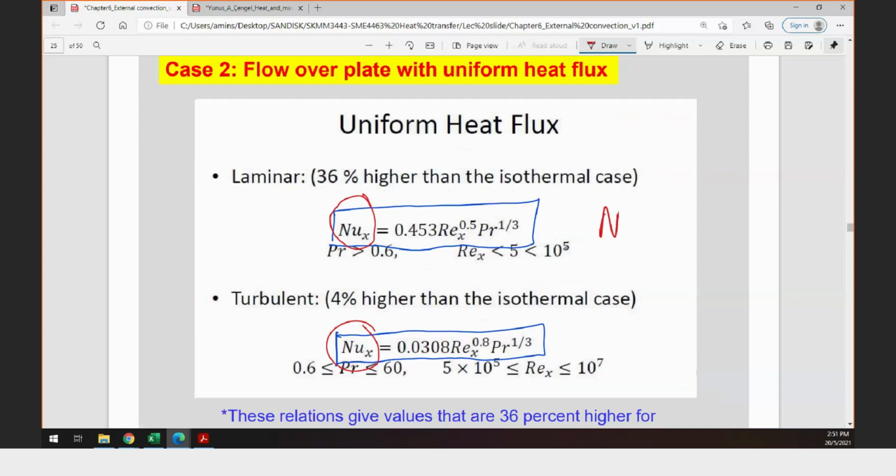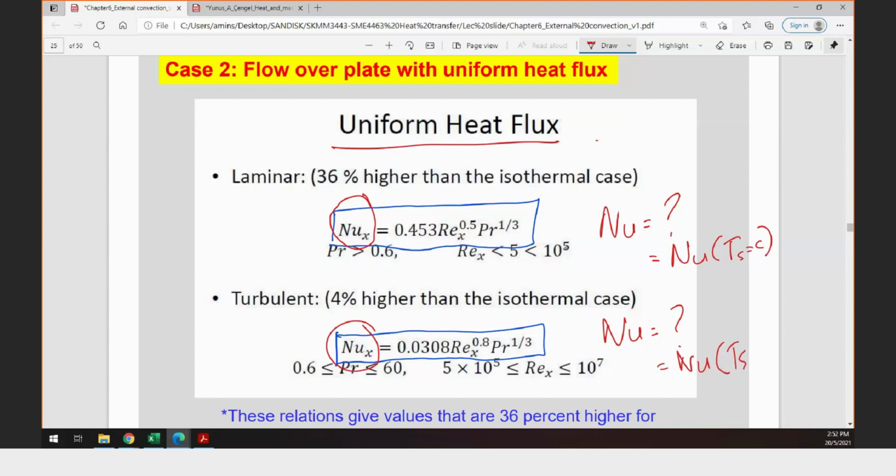So how do you get the equation for the average for the entire plate if it is a heat flux? In this case, you can use the Nusselt number for constant Ts.